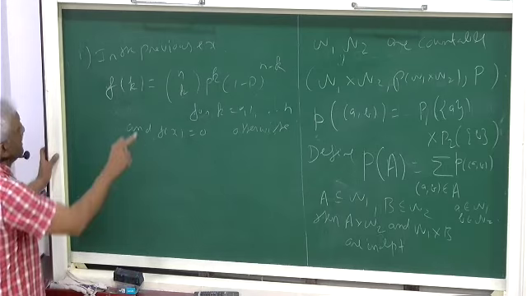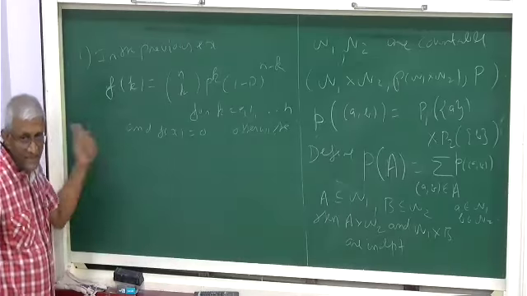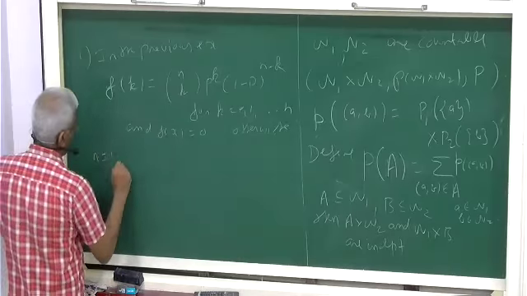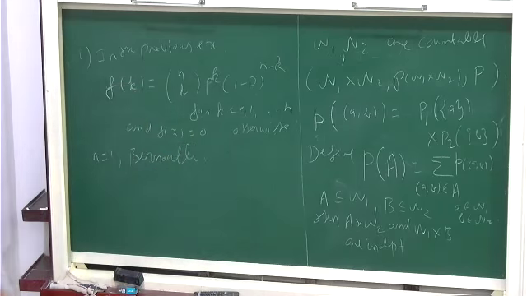So for the binomial, when n equals 1, that is called Bernoulli. Bernoulli is just 2 points. One point has probability p, the other has probability 1 minus p, which you can get from any probability space.